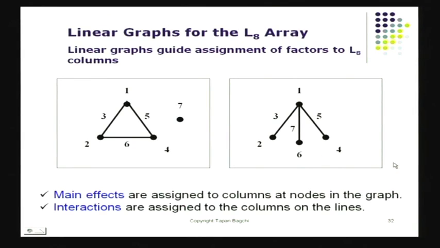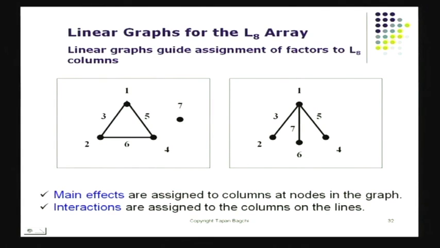There's another notation that is also used, and sometimes we've got something associated with each OA, that is called the linear graph of that particular array. For example, look at the triangle on the left. It is showing columns; it has certain nodes and certain branches.